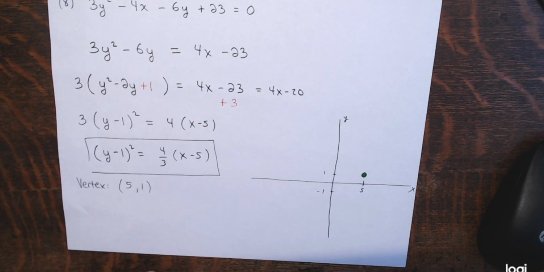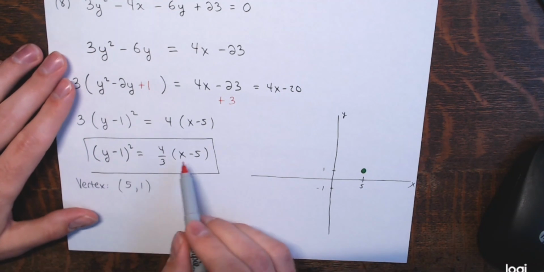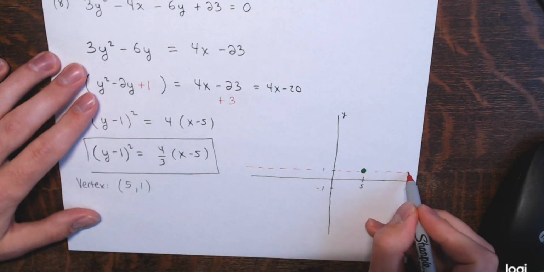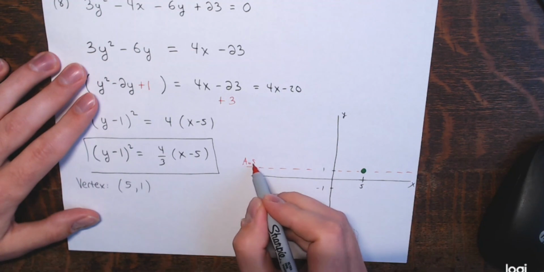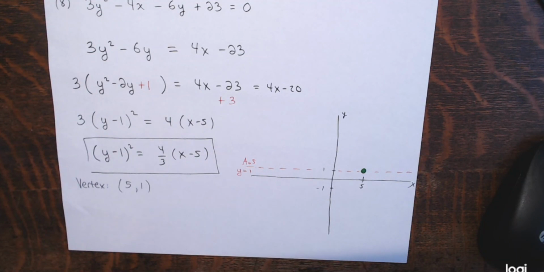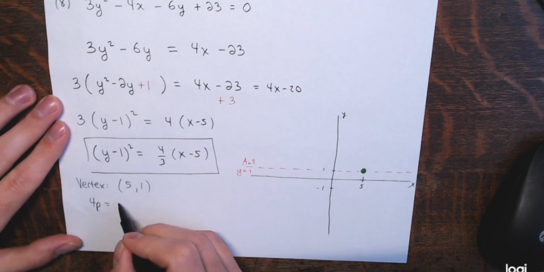The axis of symmetry is going to be horizontal this time, because the y is squared, but the x is not. So this time the axis of symmetry is y equals 1. The value of p, right, well 4p would be this 4 thirds.